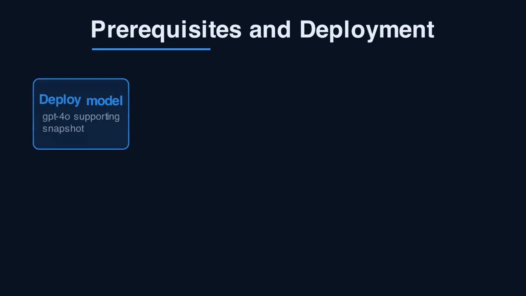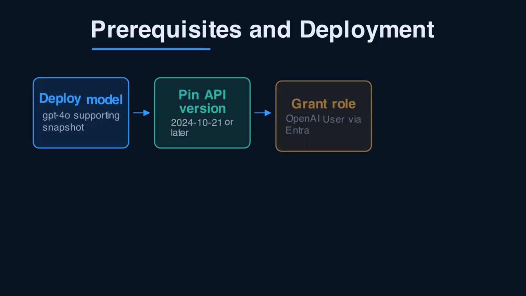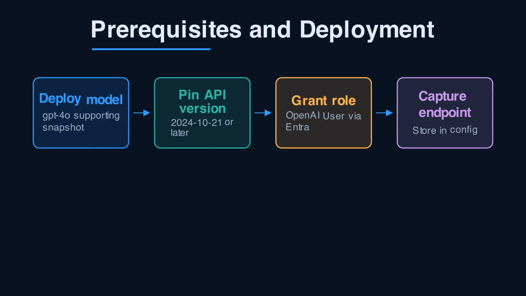Nothing exotic here, but the discipline is that the schema is the contract between your app and the model. Before any code, 3 setup steps. 1. In the Azure portal or with the CLI, deploy a model that supports structured outputs. At recording time, that means a recent GPT-4o snapshot, for example, the 2024-08-06 version or newer. 2.